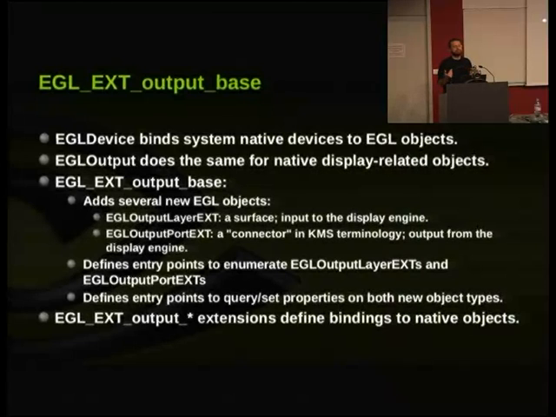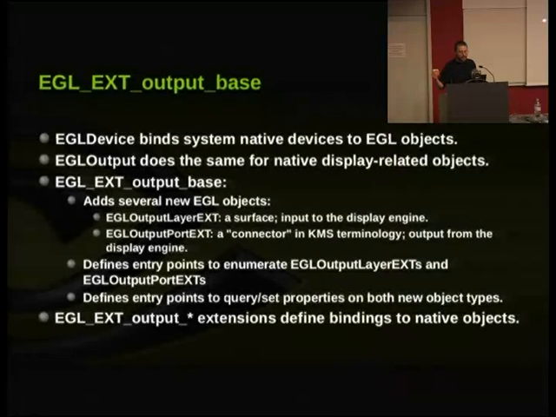So output layer conceptually is the input to the display engine. It's the set of pixels that will feed into the display engine. And then output port is what's going to be streamed out of the display engine to a monitor. So in KMS terminology, the output layer would be a surface, and then the output port would be a connector.